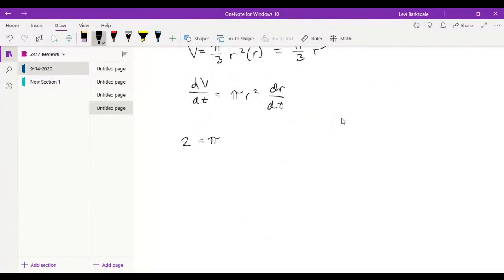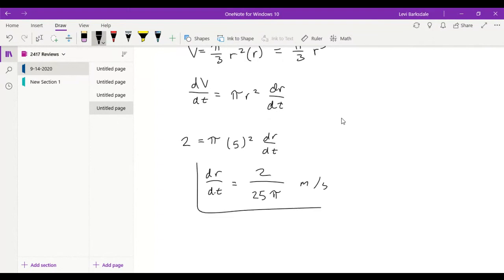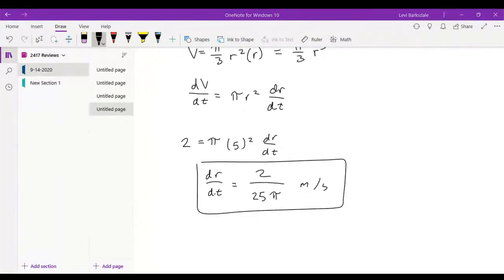So pi times 5 squared dr over dt. So then dr over dt is equal to 2 divided by 25 times pi, and that would be meters per second. Make sense? Good.